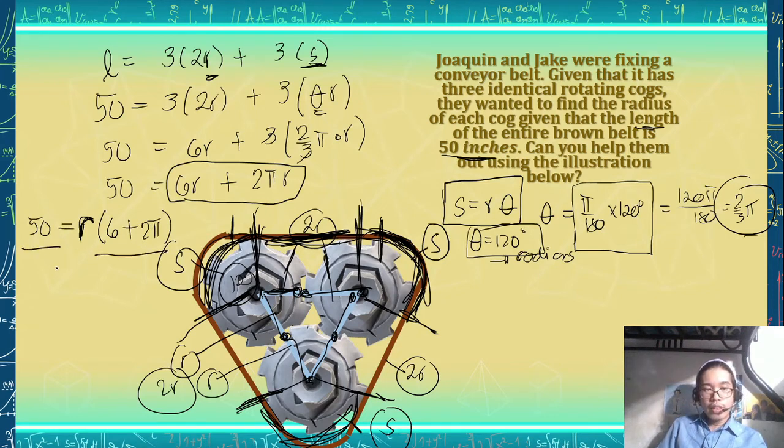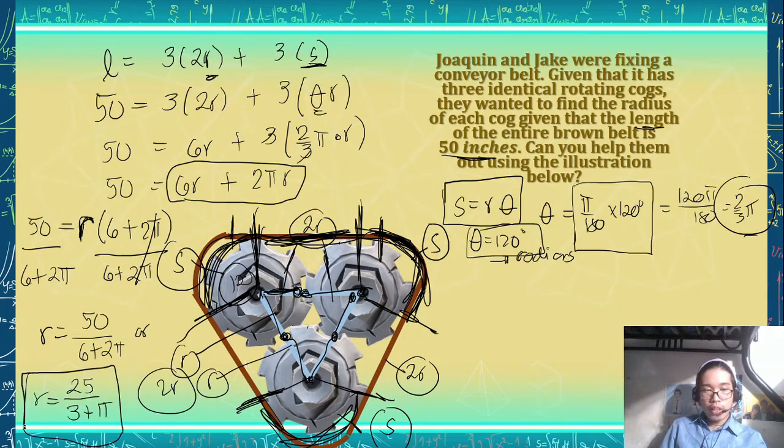And we can divide both sides by 6 plus 2 pi. Therefore, the value of r is equal to 50 over 6 plus 2 pi. Or if you want to take the lowest term, it could also be equal to 25 over 3 plus pi. There you go. So the value of the radius is equal to 25 over 3 plus pi inches.